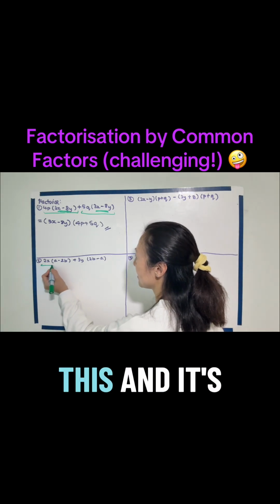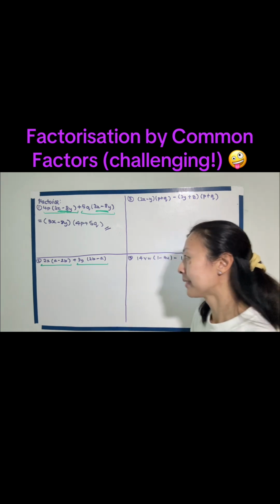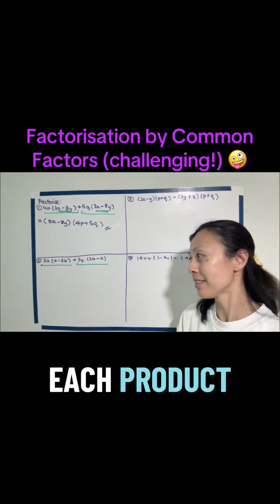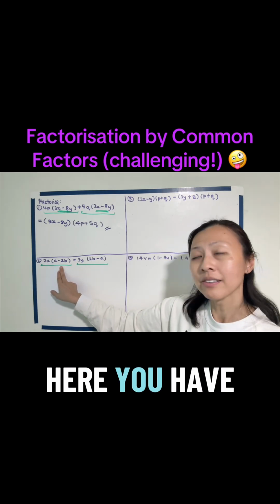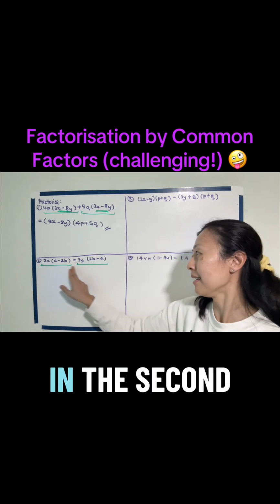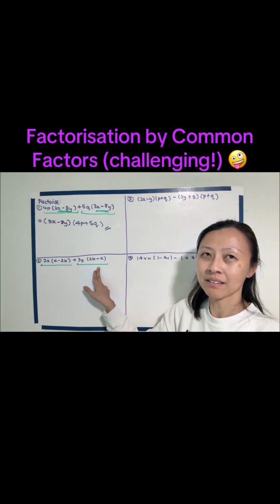First product is this, and it's added to the second product. Now within each product, you realize that in this bracket here, you have a minus 2b. In the second bracket, you have 2b minus a.